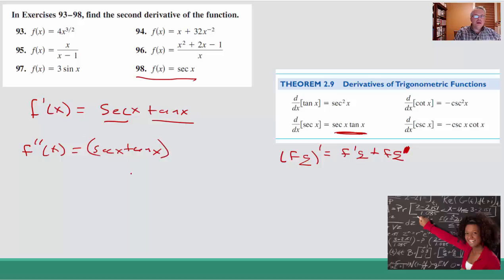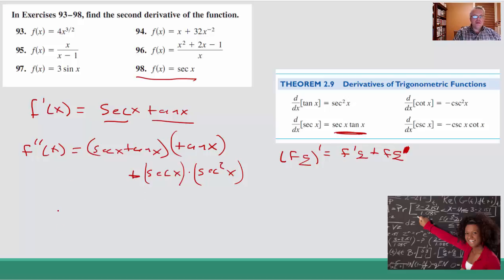That was f prime times g plus, I have to come down here, f, which was secant x, times g prime. The derivative of tangent is secant squared. Okay, I'll put some parentheses in so we can see maybe the four parts. So f prime g plus f g prime.